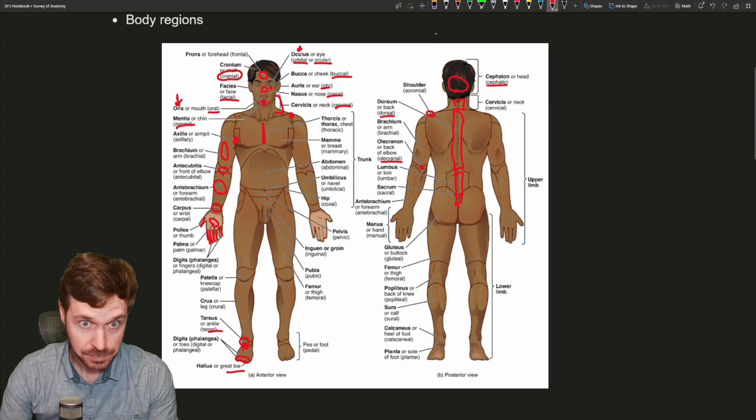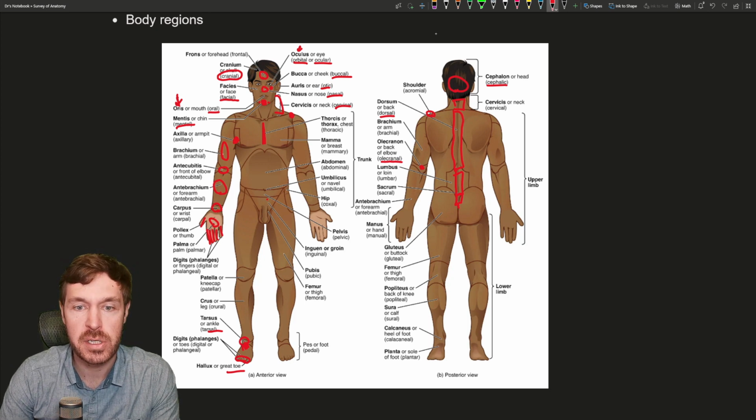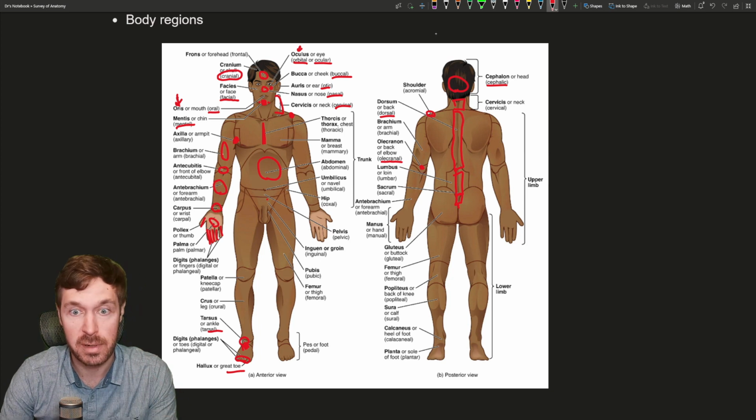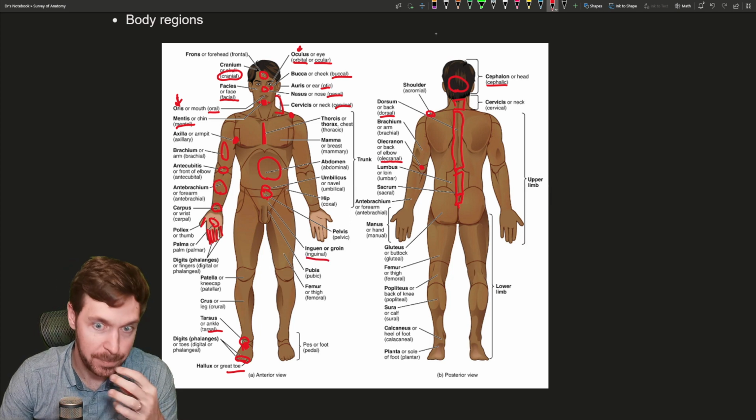Alrighty, so back to the thoracic region and then the abdominal region. We'll talk about the different cavities found in the dorsal and ventral cavities right here in the upper trunk and in the head. Then the belly button is the umbilical region, and then you have the pelvic region, the inguinal region, or the groin here.